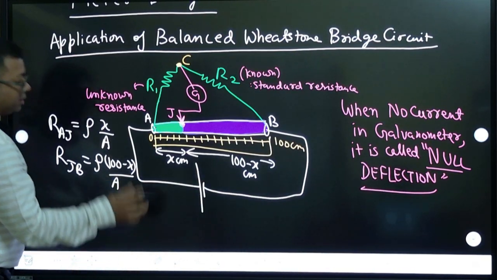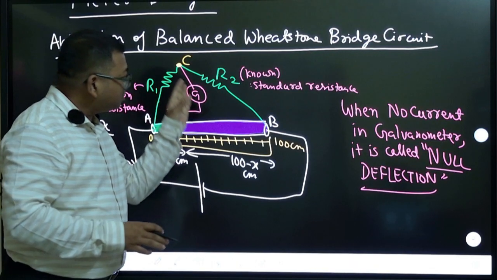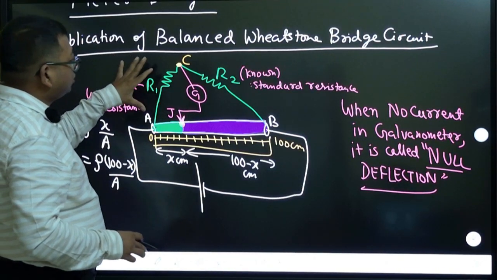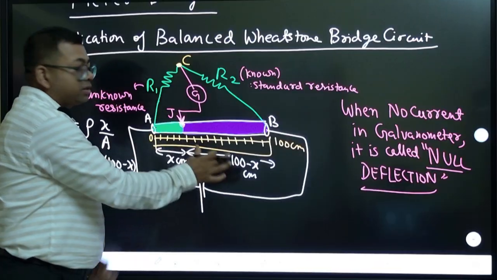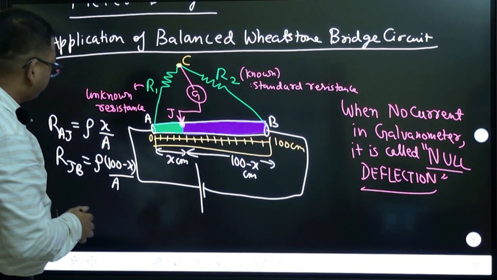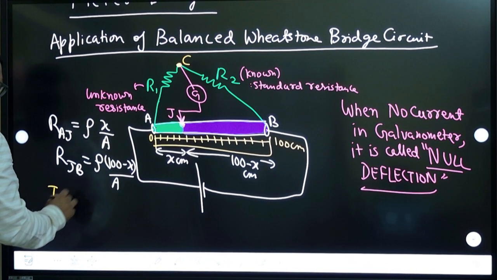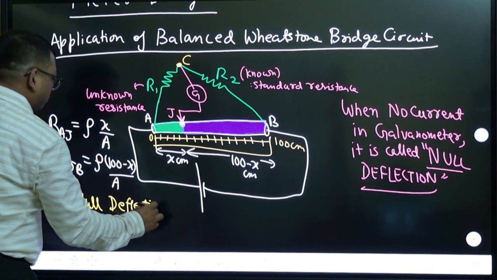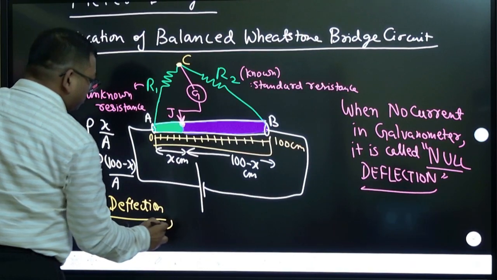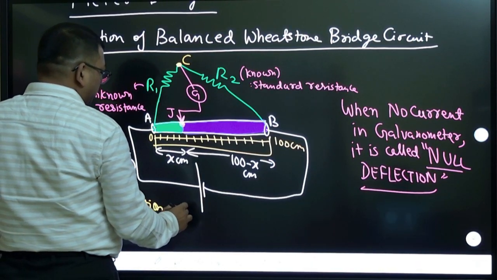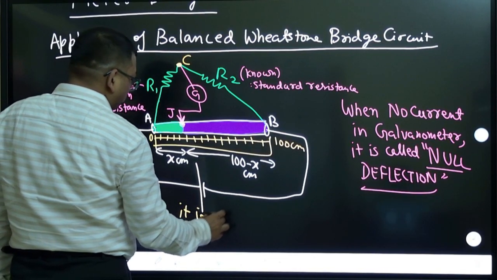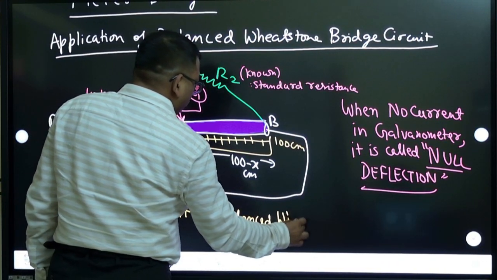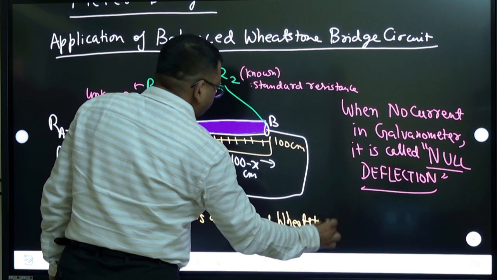And when it is a balanced Wheatstone bridge, because balanced Wheatstone bridge means no current flows in the middle branch, balanced means the ratio R1 by R2 is equal to these two resistance ratios. You know that, right? So in null deflection, it is a balanced Wheatstone bridge.